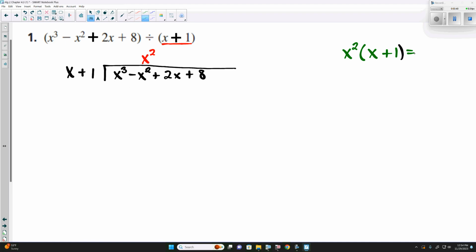Now off to the side, we'll do the multiplication, because we're going to multiply x squared by not just x, but the whole quantity x plus 1. At this point, we can distribute. X squared times x is x to the third, like we wanted. X squared times 1 would be plus x squared.